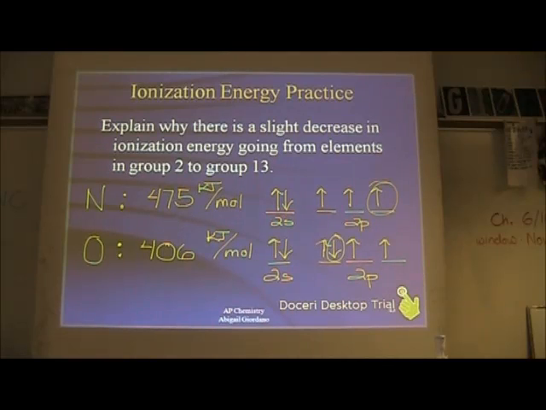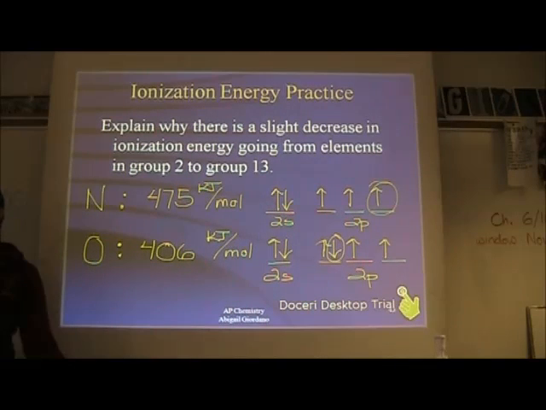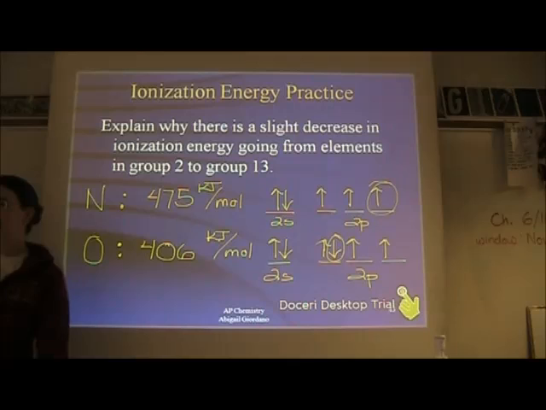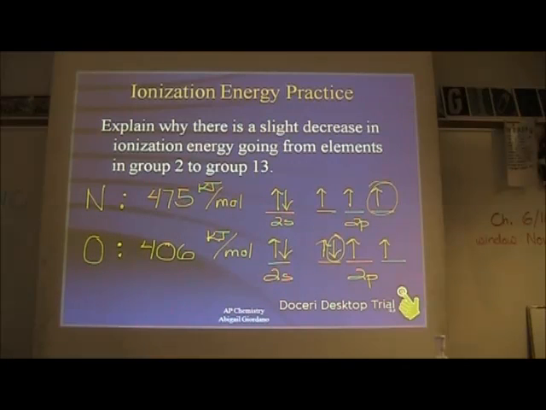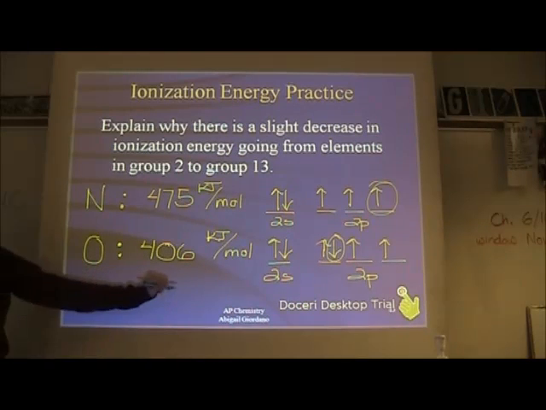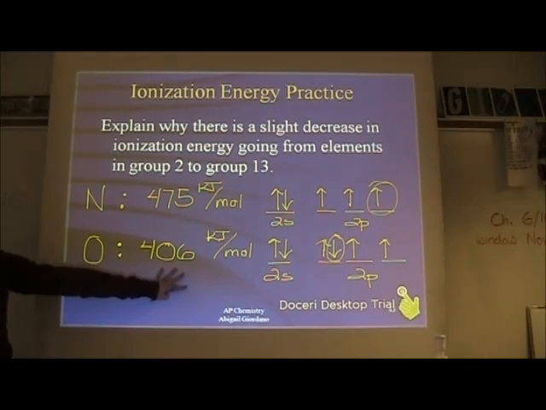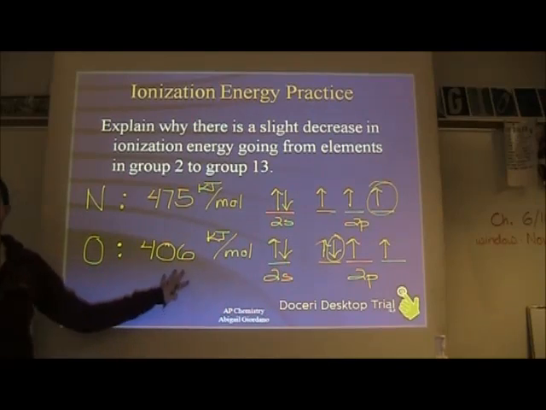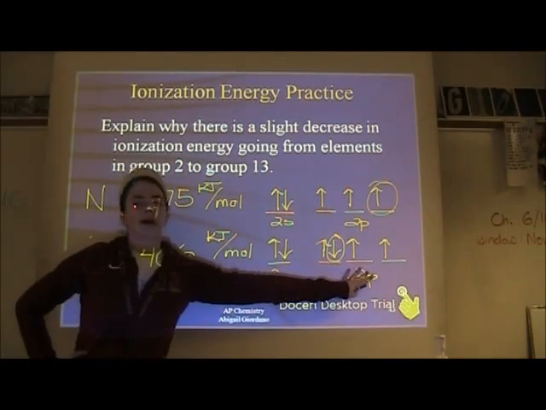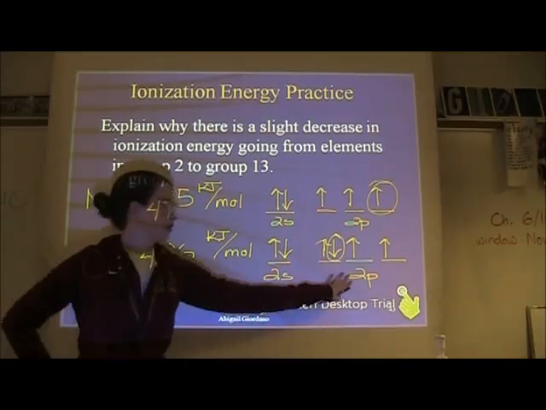Now that you know the lingo, can you explain this anomaly in the general trend? We'll treat it like a fill in the blank. Less energy is required to remove an electron from, how would you describe this situation?